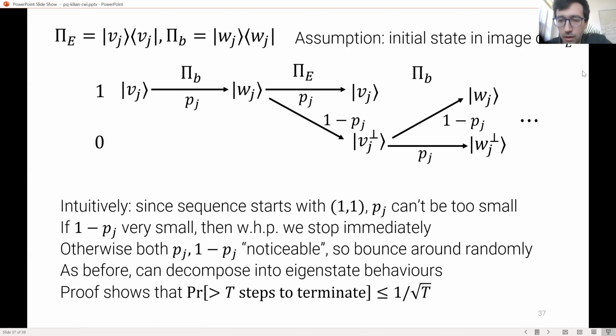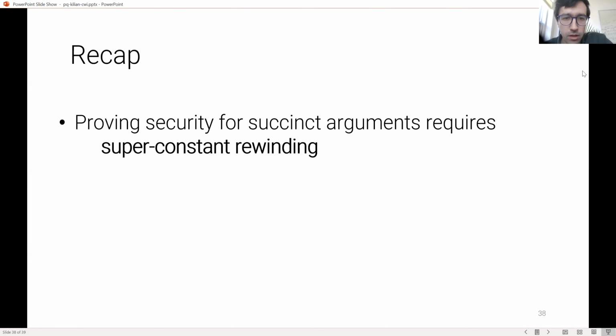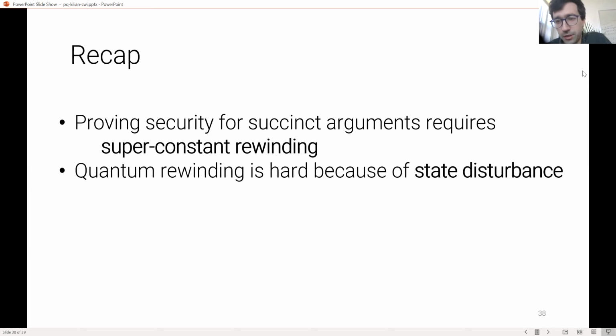Okay. So what have we done? Firstly, I argued that proving security for succinct arguments requires super constant rewinding. So you need to be able to rewind more than constantly many times. Quantum rewinding is hard because of state disturbance. In particular, the more you rewind, the more your state is disturbed. And so super constant rewinding is difficult.